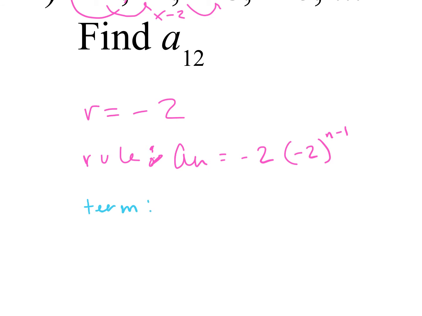Next, we want to find our term. So we're going to plug in 12. A sub 12 is equal to negative 2 times negative 2 to the power of 12 minus 1. We have to do 12 minus 1 first. So we have negative 2 to the power of 11.